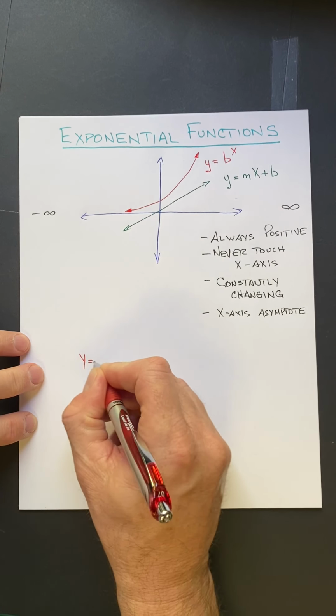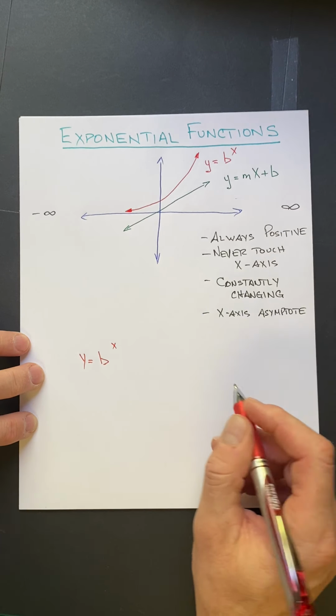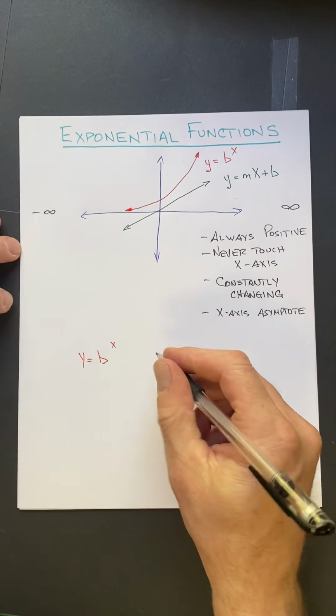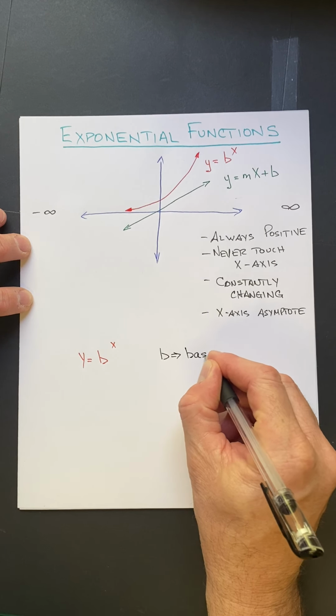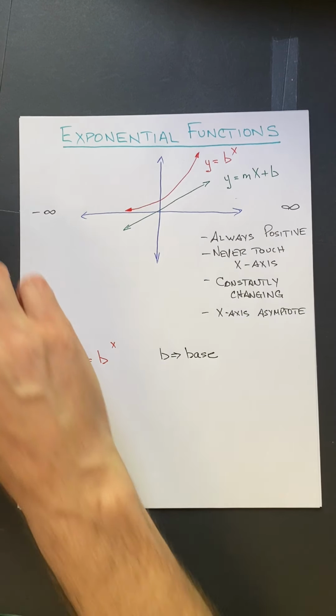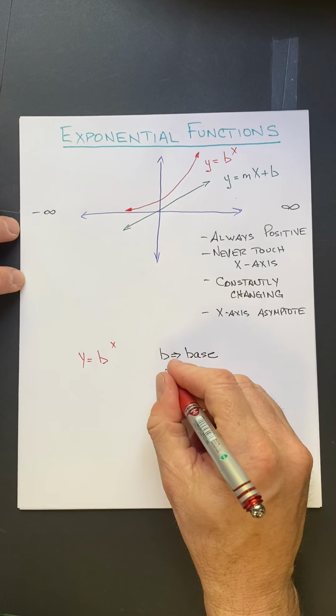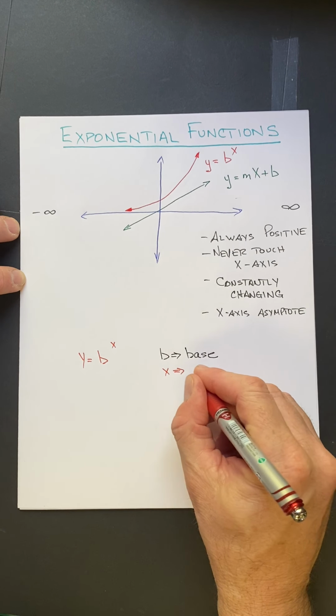So let's say y is equal to b to the x. We're going to say b is my base, okay? And x here is the exponent.